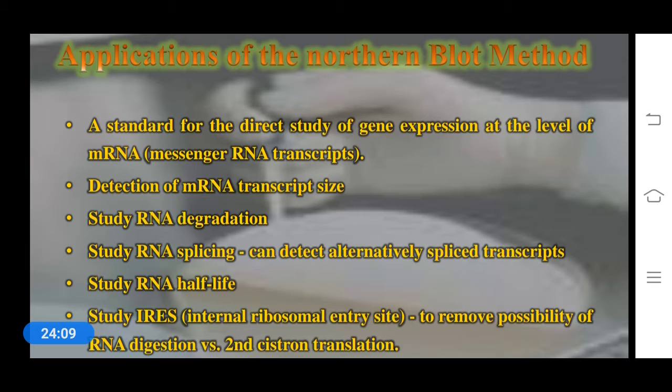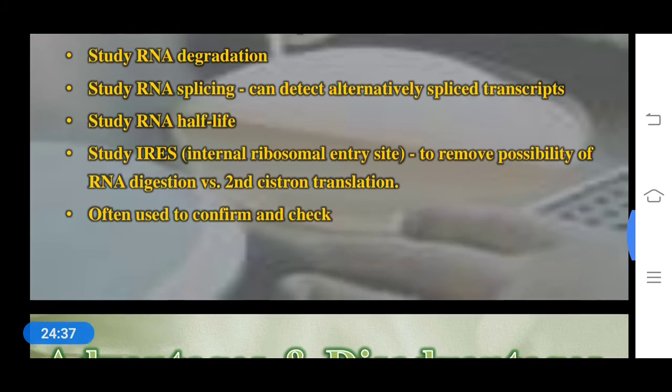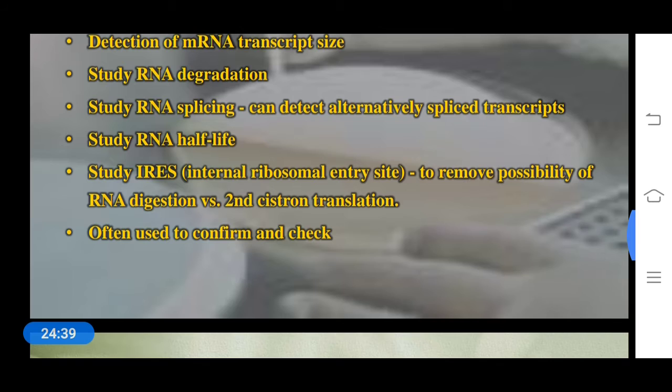And we can also study internal ribosomal entry sites, to remove the possibility of RNA digestion with second cistron translation. It is also used to confirm and check a particular mRNA transcript.